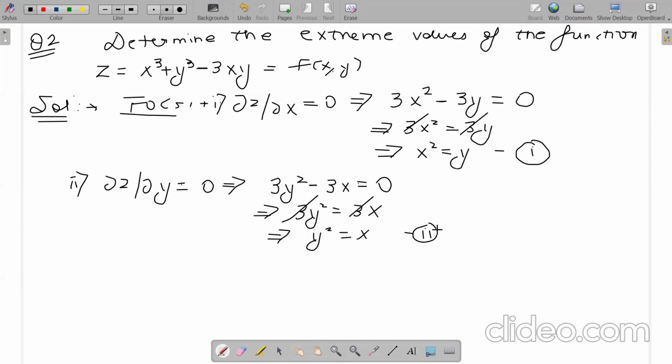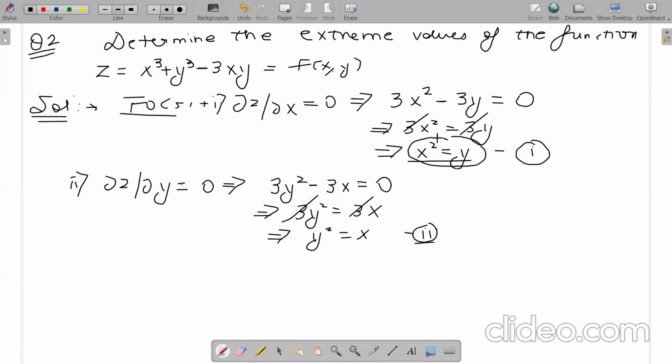Okay. Now let's do one thing. Let's look at this equation and this equation. Now, what do we get? If you look at x square equal to y condition, how can I further write it?